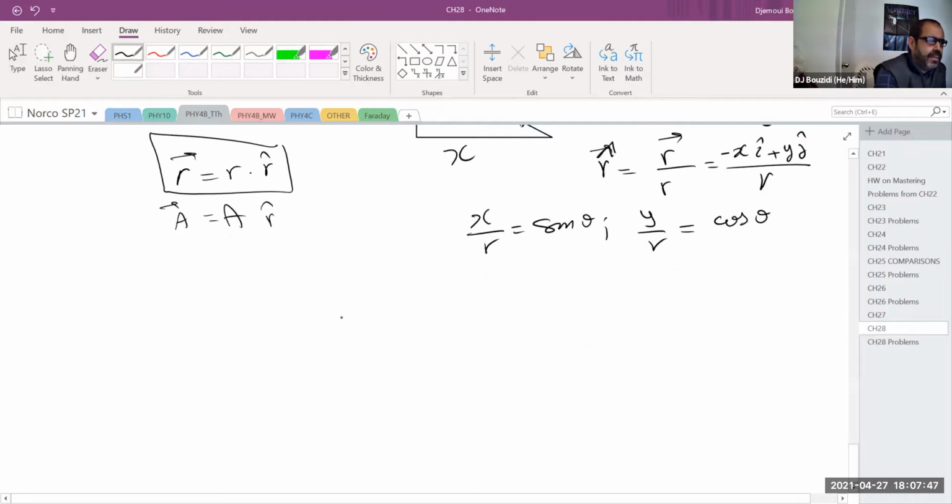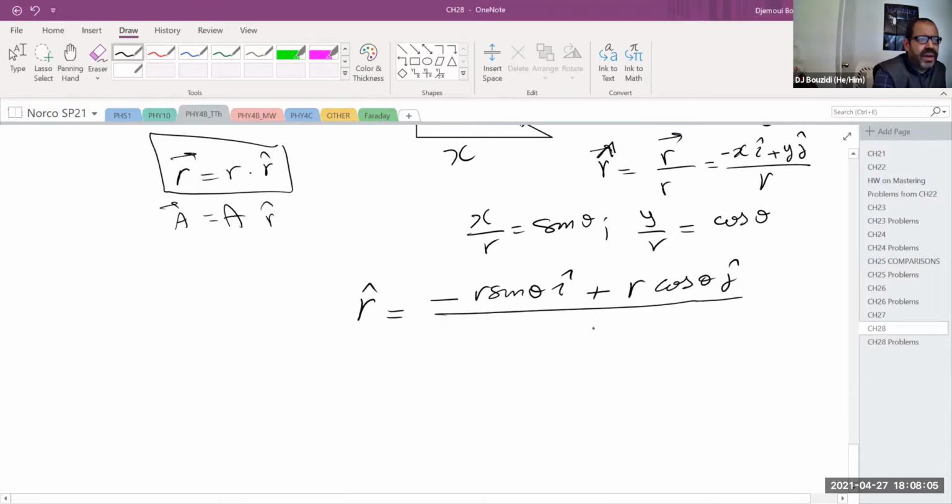So r hat is equal to negative x, which is r sine theta, i hat, plus y, which is r cosine theta, in the j hat direction, divided by r. Obviously, the r's cancel because that's an added complication. So it's minus sine theta i hat plus cosine theta j hat.